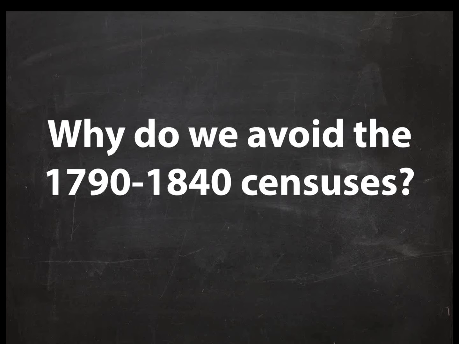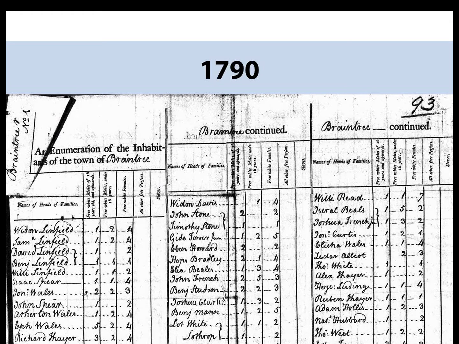Now, because these censuses are less used, I'm going to speak specifically about each of these census years just to give you a better idea of what these censuses can offer. So beginning with 1790, which is the census that does not provide us the most information, I will admit that.